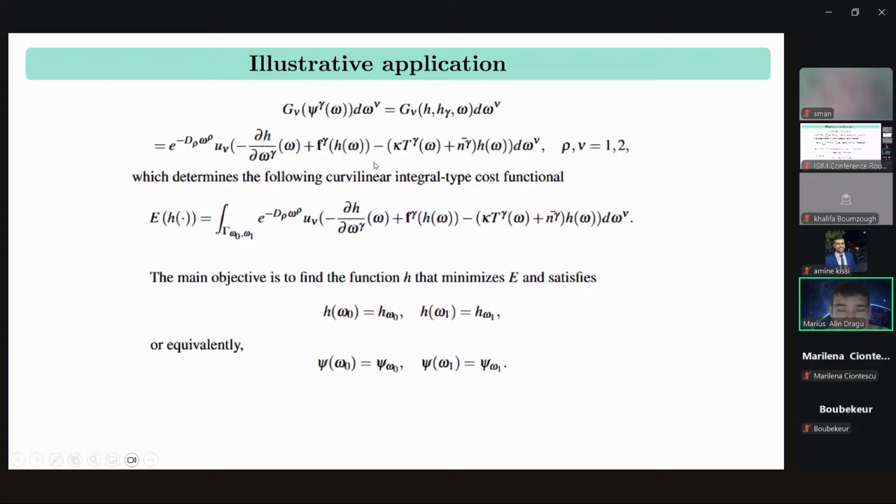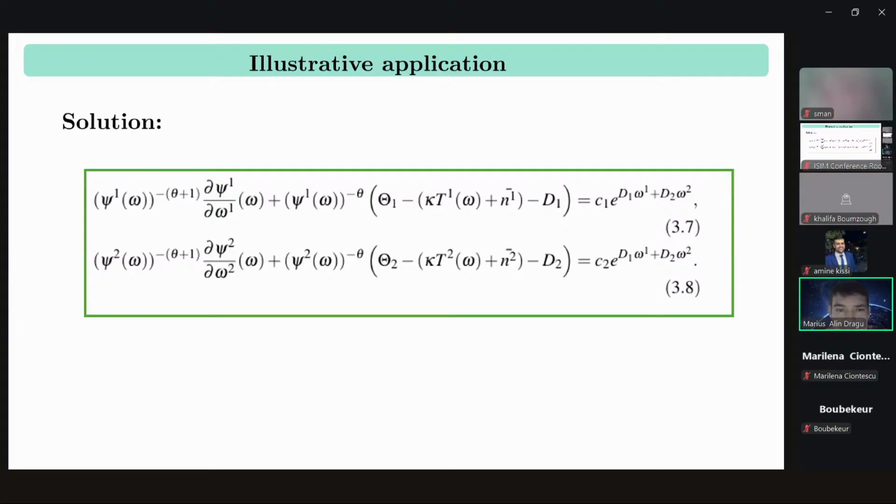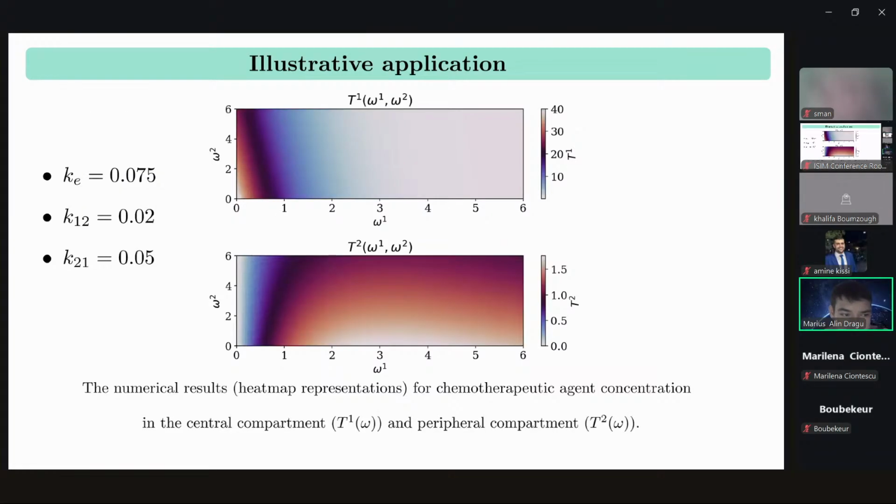After repetitive steps, we are led to the first order Lagrangian, which determines the following curvilinear integral type cost functional. Applying the given theorem, we obtain the solution. Next, we will speak about the simulation results.